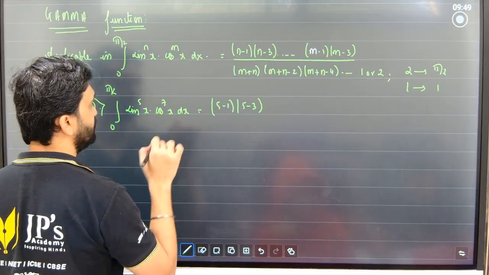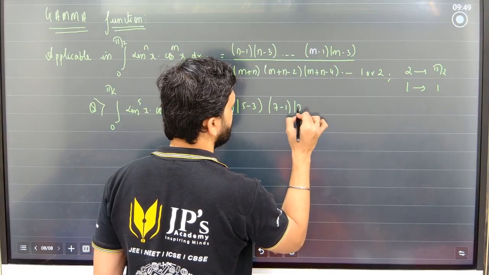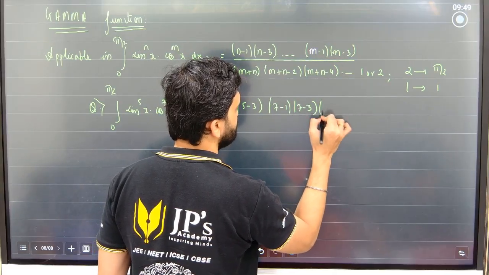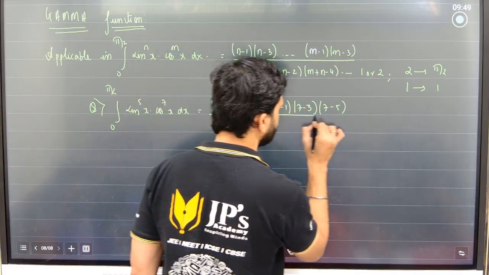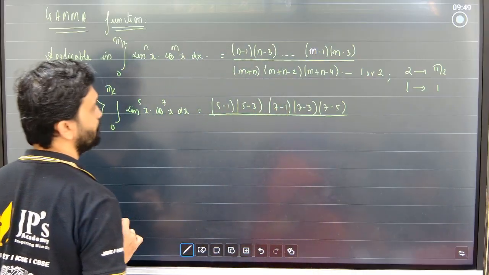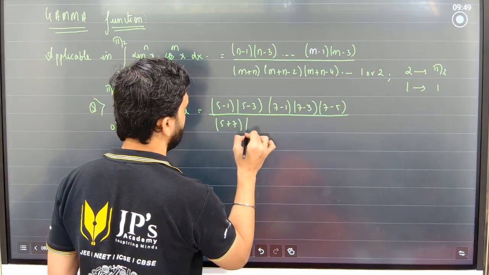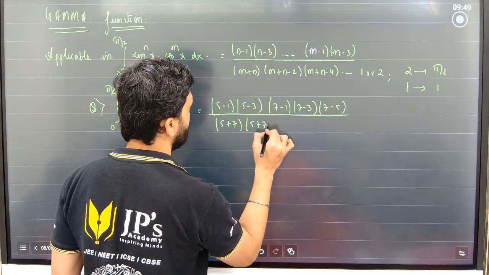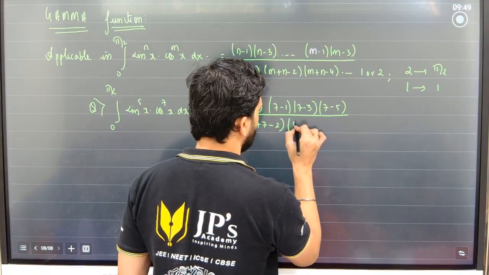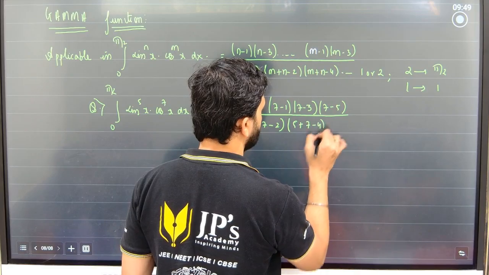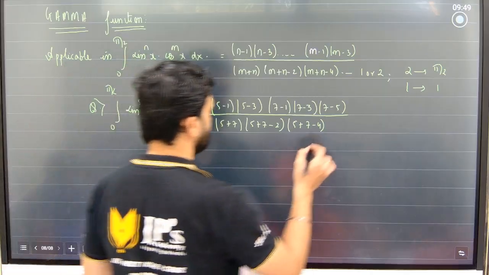Then comes 7 minus 1, 7 minus 3, 7 minus 5, the whole upon 5 plus 7, 5 plus 7 minus 2, 5 plus 7 minus 4, 5 plus 7 minus 6.